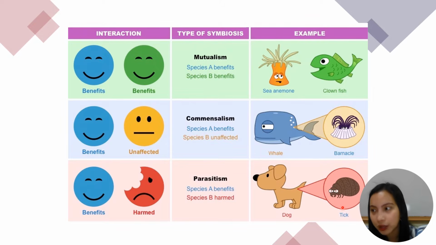And usually it's at the expense of the body of the host. So species A, the parasite, benefits from it, while the host, the body of the organism where that parasite lives, is harmed. Okay?